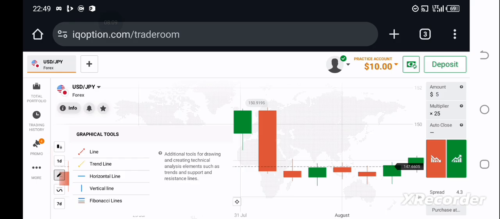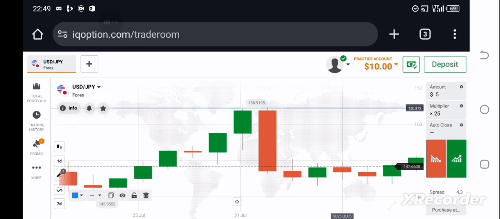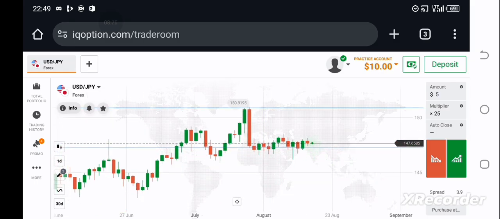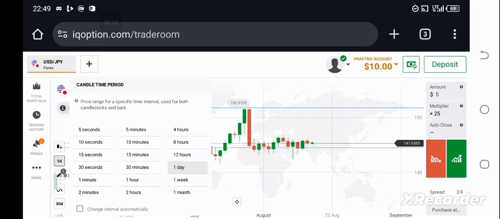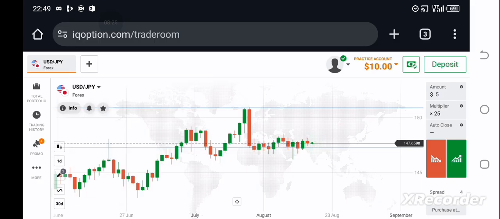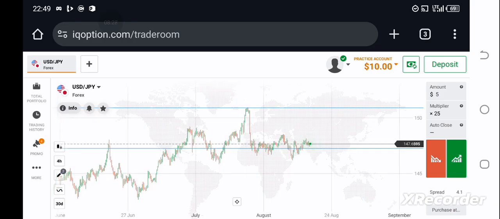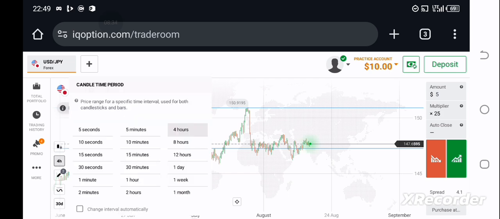Let's draw the candlestick on its own from the upper wick to the lower wick, and then open the chart and see. For 1 day, let's change it to 4 hours. You can see that it's not a small move. Let's change it to 8 hours.